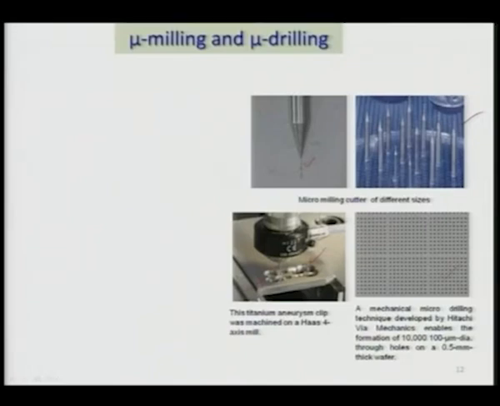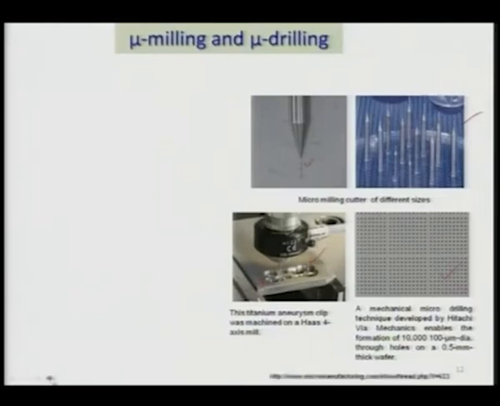You can see the kind of holes that have been developed, thousands in number, and the diameter of these holes is 100 micrometer, and the thickness of the wafer is 0.5 millimeter. So, this is very useful for fine hole drilling in large quantity.